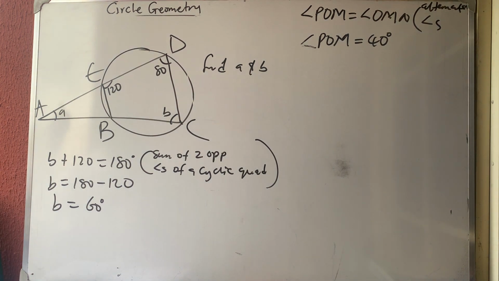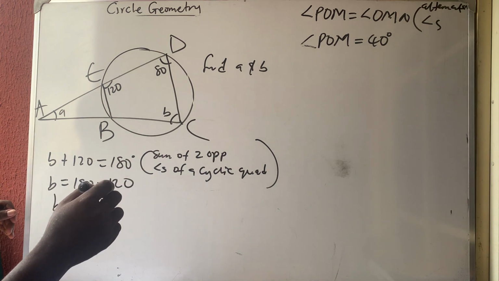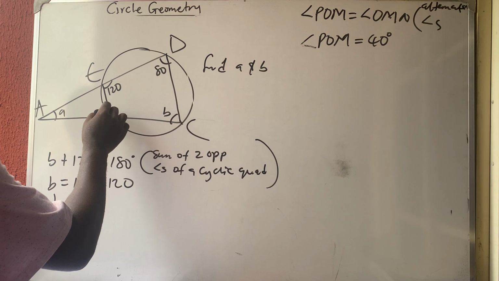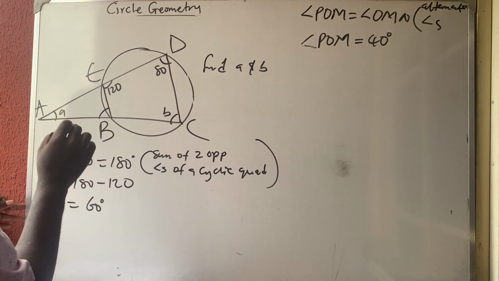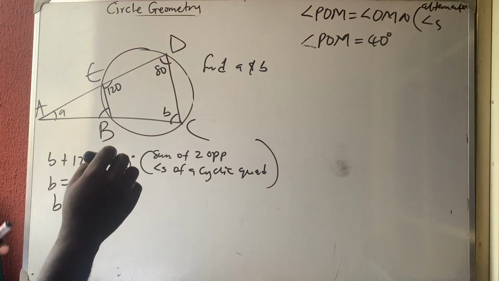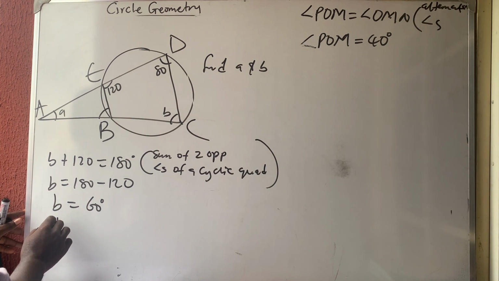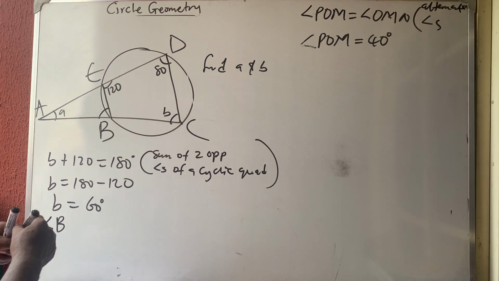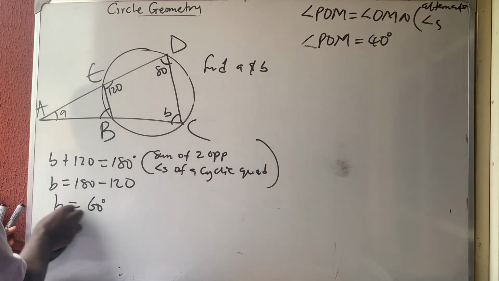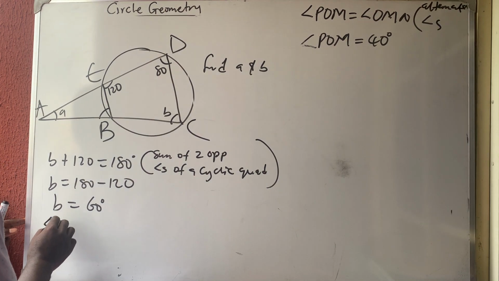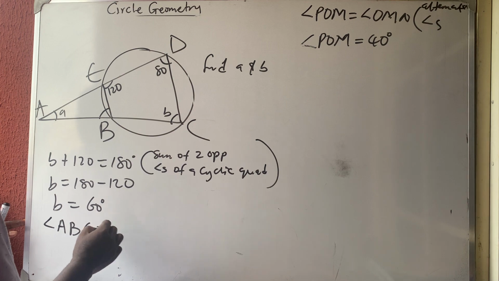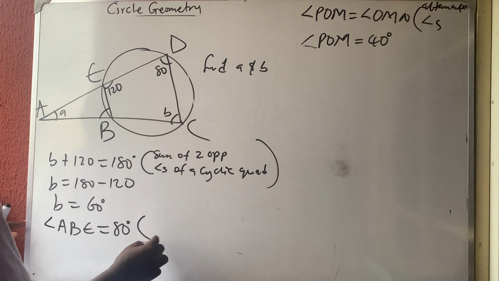So if I've gotten my B to be 60 degrees, getting A is no longer a problem. But how do we get A? We can tell them that angle ABE is equal to 80 degrees. What is my reason?